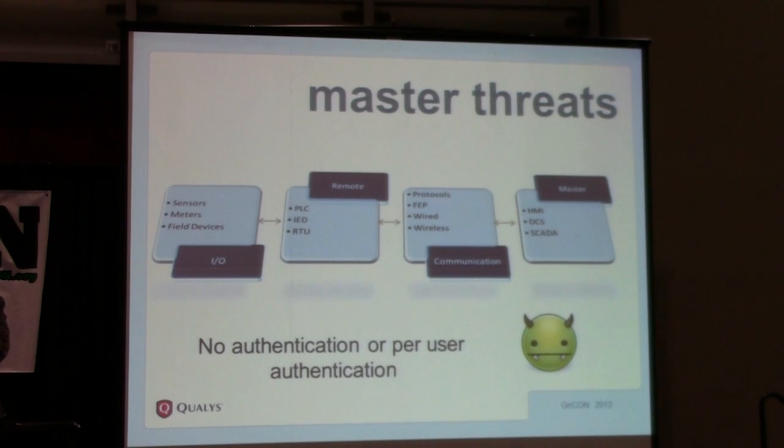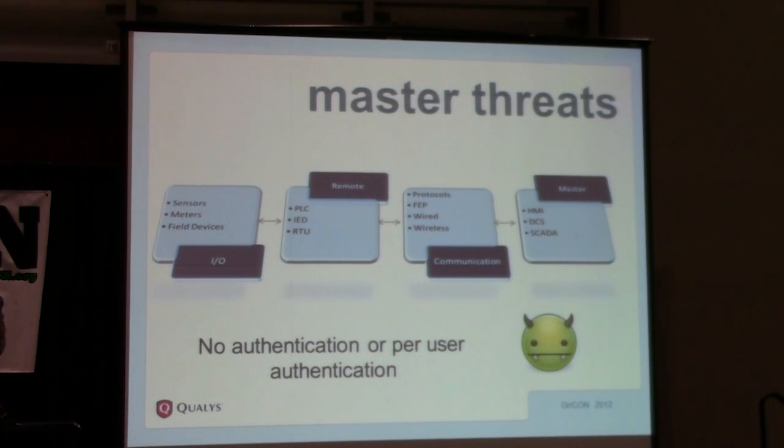Number two threat is that there was no authentication or poor user authentication on these different control system machines. When you go inside this control room, you have a guard who is with you, or you have some biometric to get in. But after you get in, the HMI, the place where you go and turn a knob to change the pressure or open a lever or open some door, doesn't have proper user authentication.